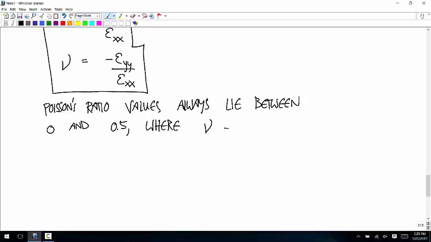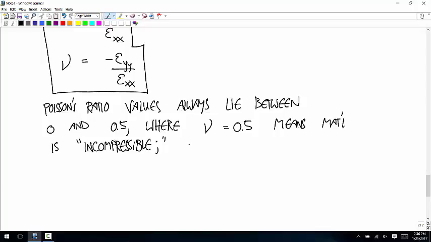So nu equals 0.5 means the material is called incompressible. And that means that the volume stays constant.